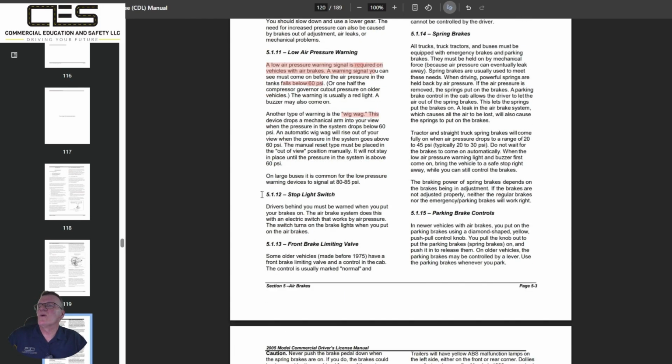Moving into 5.1.12. This can be a trick question because it sounds like it's a complicated device or something. So, what is a stoplight switch? It's not a switch you flip on the dash. It's not a stoplight switch that you would think of that. What a stoplight switch is, it's a switch underneath your brake pedal.